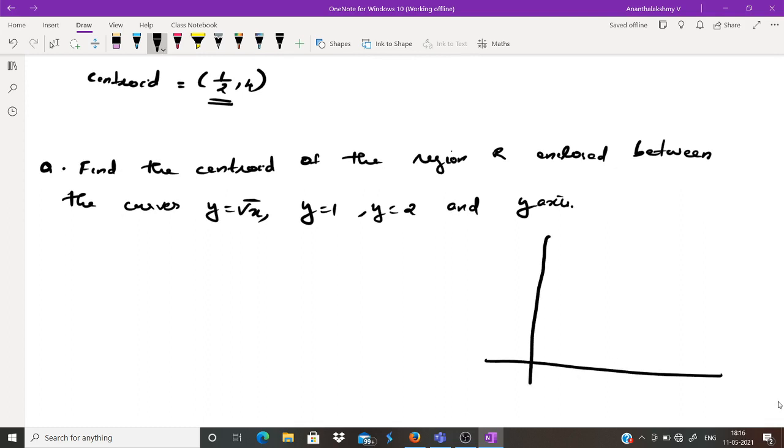Let us draw the graph. Y equal to root x means y is given as a function of x.